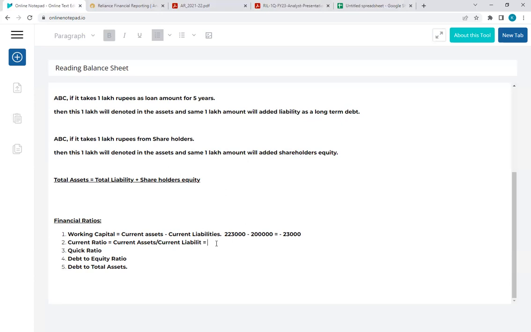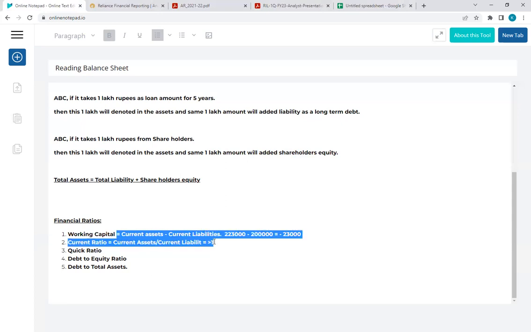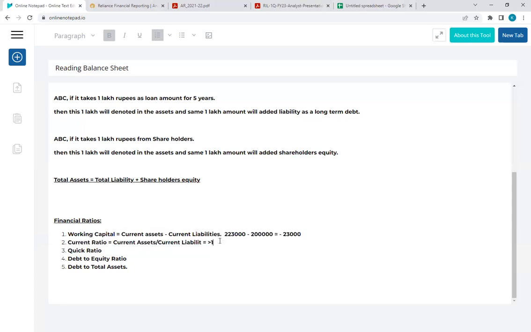If it is more than one, any value above one will be a benefit to the company because assets will be more and current liabilities will be less. This is similar information to what we get from working capital. So both ratios are trying to find out the ability of the company to repay the current liabilities.